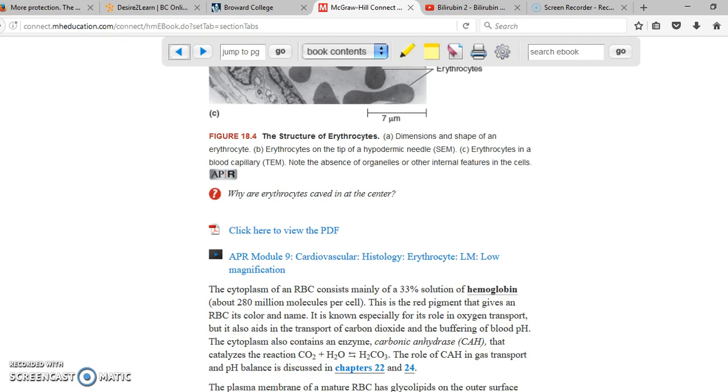The red blood cell does not have a nucleus or cell organelles, in particular no mitochondria. Therefore, what is it that it's going to have instead? Instead, it's going to have hemoglobin inside. Hemoglobin is a molecule that allows the red blood cell to transport gases, in particular oxygen and carbon dioxide. It's very important for you guys to remember this.